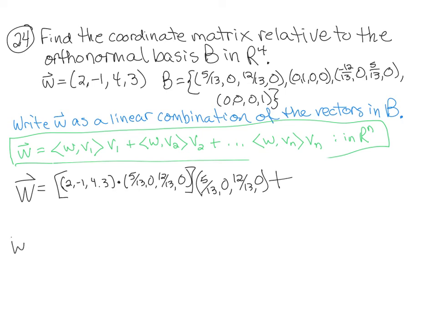So let's see what we have here. This dot product, I'll do this in blue below so we can see it. 2 times 5/13, negative 1 times 0, 4 times 12/13, plus 3 times 0, and this is going to give me 58/13.